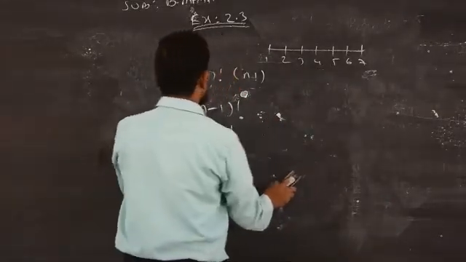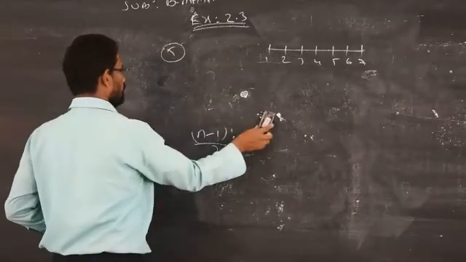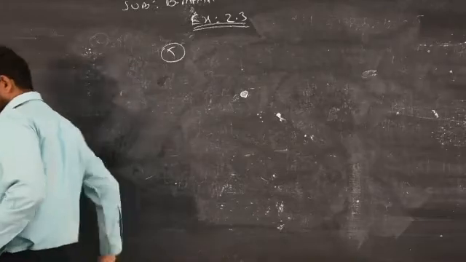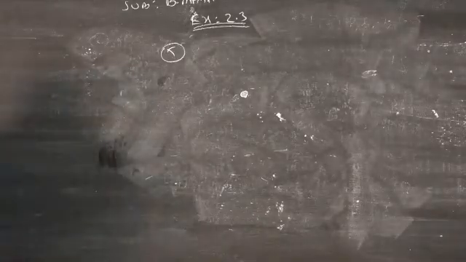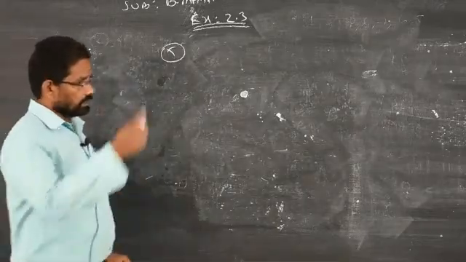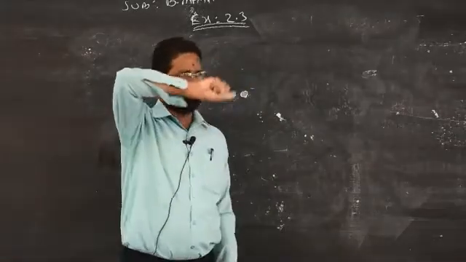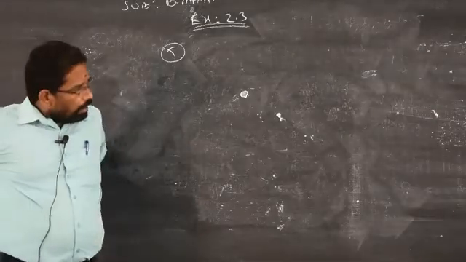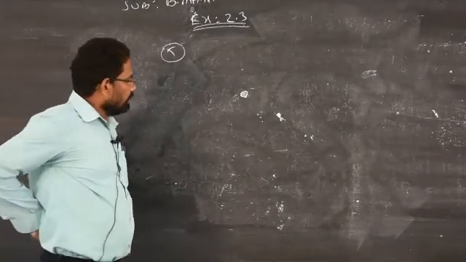So there are three formulas: n factorial for a straight line, n minus 1 factorial for an arrangement in a ring, that is circle shape, and n minus 1 factorial by 2 for identical formation.